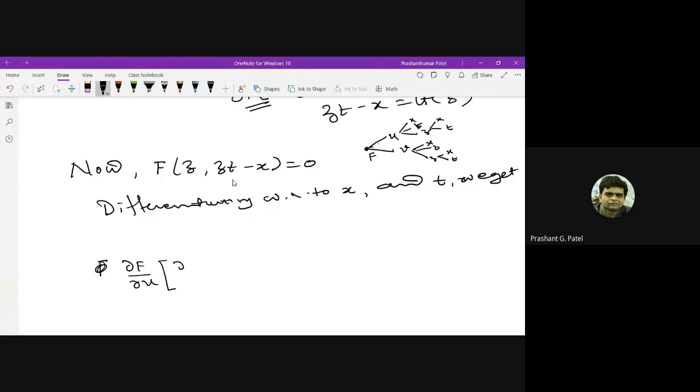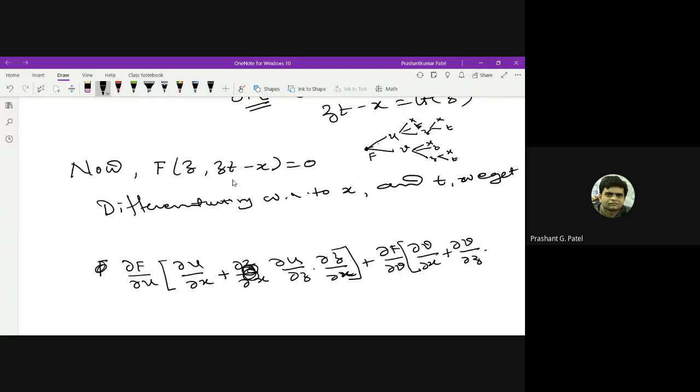First, it is del u by del x plus del u by del z into del z by del x, plus del f by del v, del v by del x plus del v by del z into del z by del x, equal to 0. But what is u? u is here z. So the derivative of z with respect to x will give me 0.